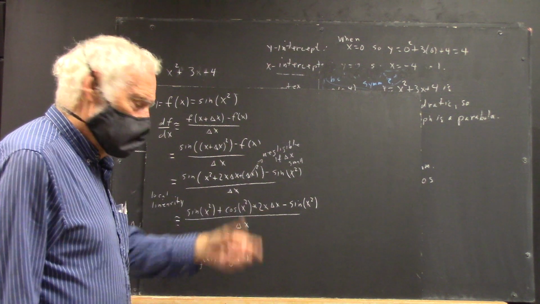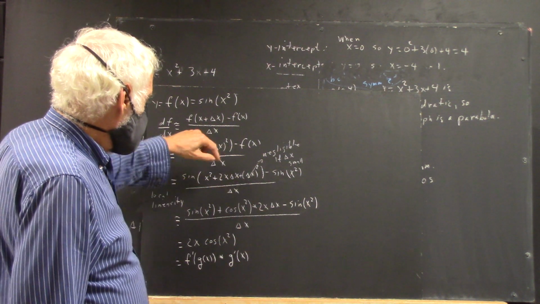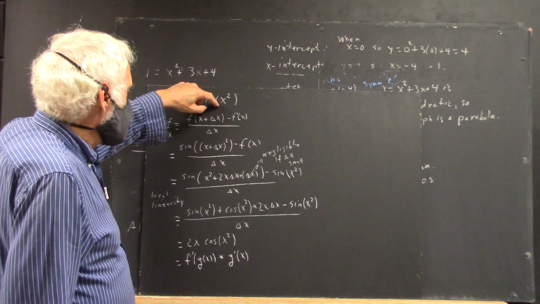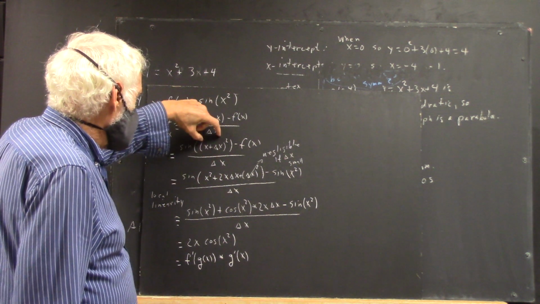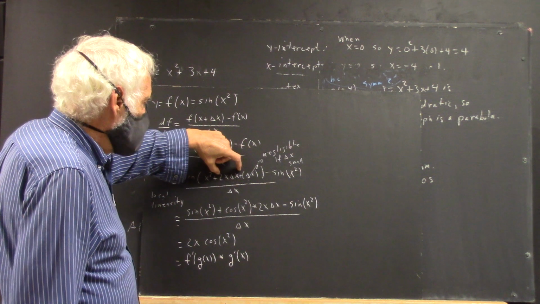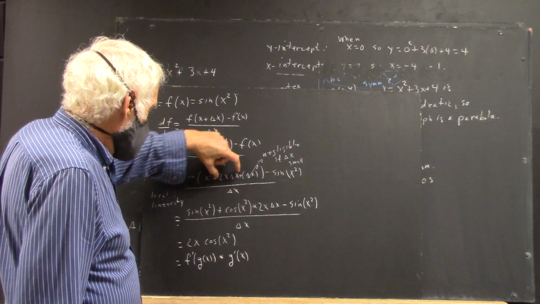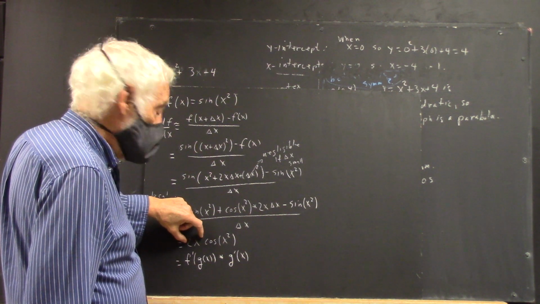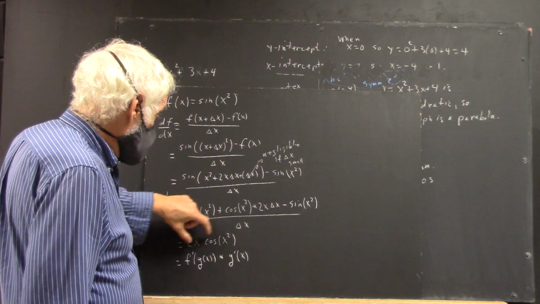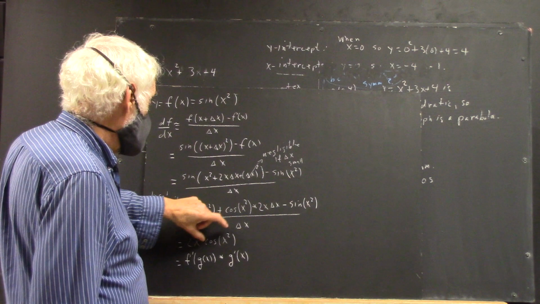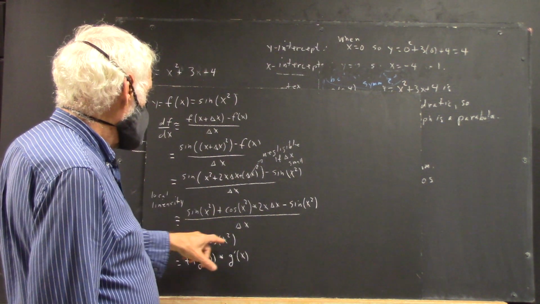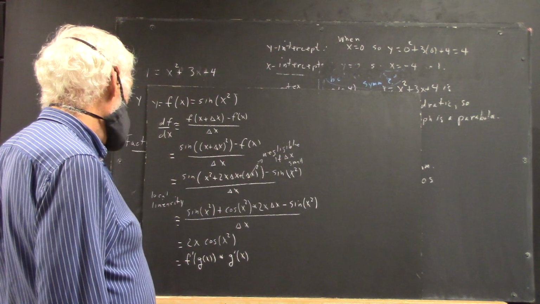So again, we're kind of a little circular, but we still get the idea. So the big deal is, since this is x squared, when we square x plus delta x, we get the 2x delta x, which is what gives us the 2x down here. This is the rate of change of g of x. And we multiply that then by the derivative of the sine function evaluated at x squared.